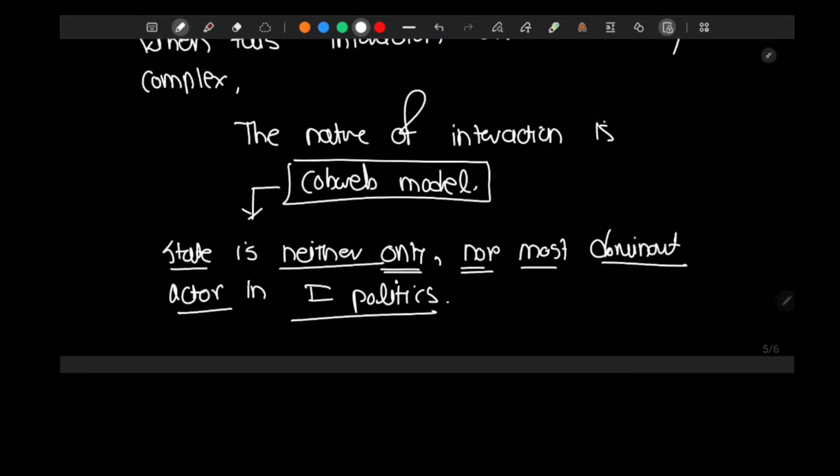Then who are the other actors, we will try to understand from the next lecture.